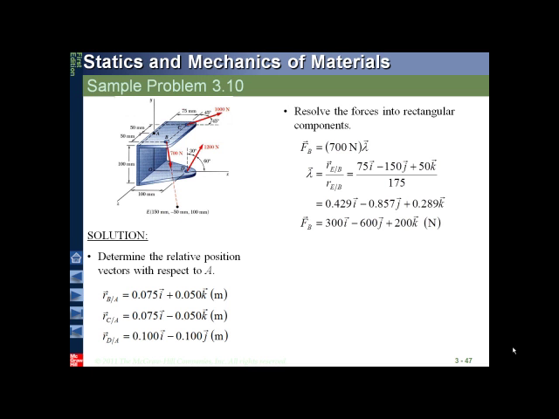The way we've done this unit vector in the past is to come up with a position vector along the line of action and then divide that by the overall length. So the direction they're taking is down to point E, and they give you the X, Y, Z on point E.